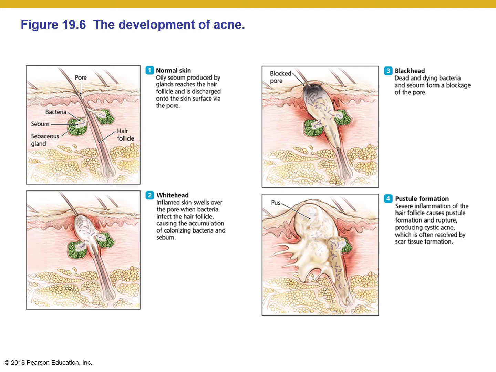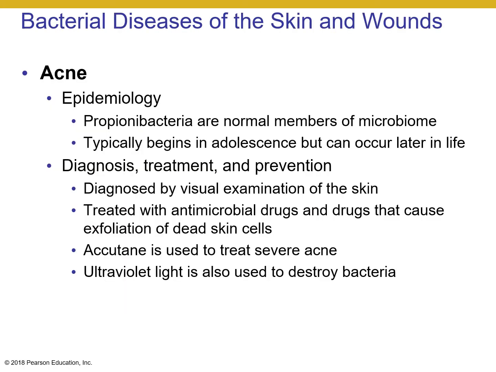And since this is taking place in the dermis, a patient can have quite a bit of scar tissue form. Of course, most of the time this is in the face, the neck, the chest, the back, and the shoulders. And we see an exacerbation of this during puberty.